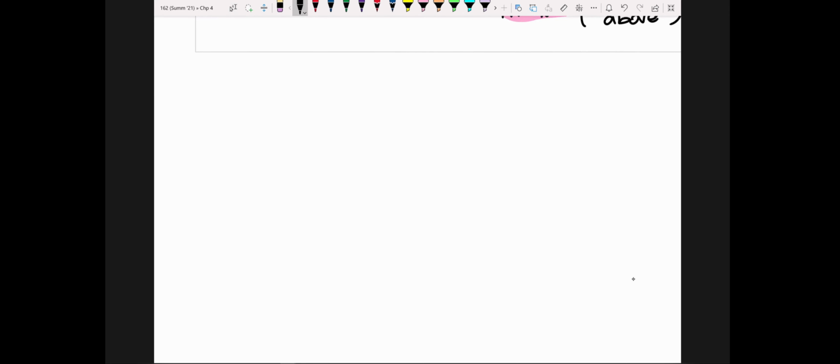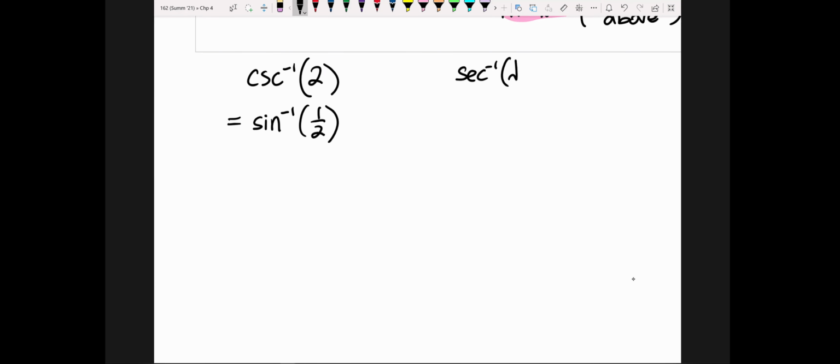We reciprocate the inputs. So for example, if we had inverse cosecant of 2, that's equivalent to inverse sine of 1/2. So for the function, we reciprocate the outputs. For the inverse function here, we reciprocate the inputs. Or let's say inverse secant of root 2.